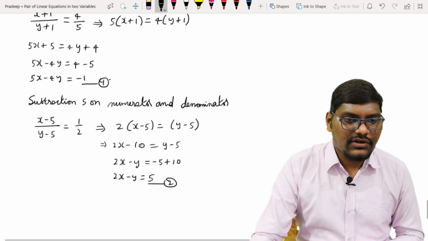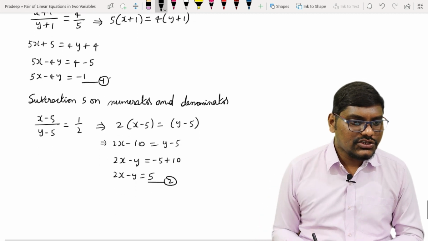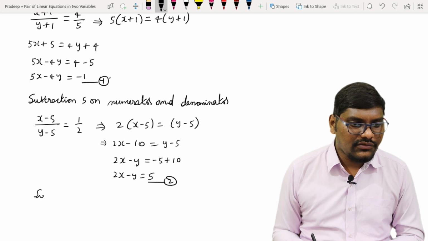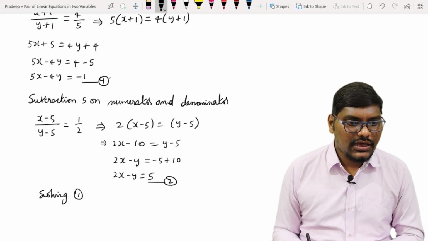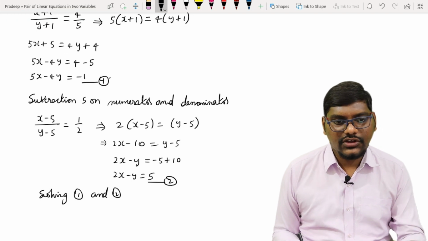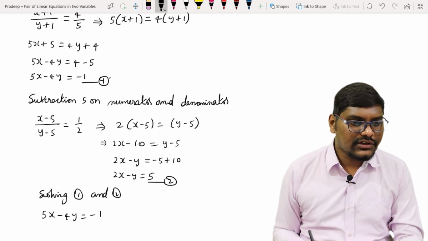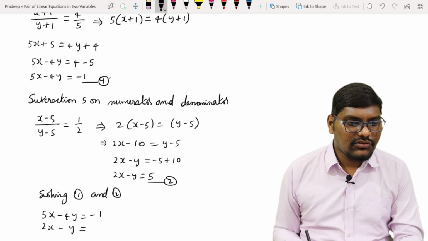Let's solve the first equation and the second equation and see what values we get. The first equation is 5x minus 4y equal to minus 1. The second equation is 2x minus y equal to 5.